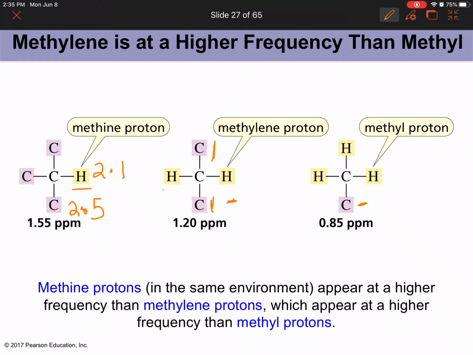The more deshielded it is, the higher the frequency it appears at. So due to carbon being more electronegative, the electron density is pulled towards the carbons, making the hydrogen more deshielded. As a result, the methine proton would be at a higher frequency, 2.5. Methylene protons would be 1.2 and methyl protons would be at 0.85. Okay.